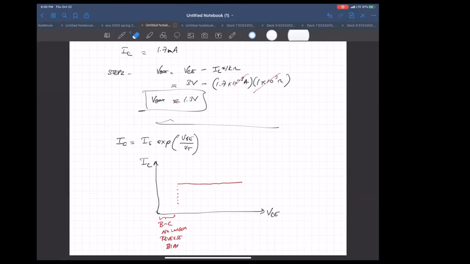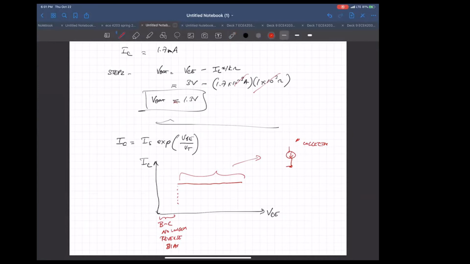But until that point, in this whole section of VCE versus I sub c, basically as far as the collector output is concerned, this is like a current source, which we've been saying all along. The definition of a current source is something that doesn't depend on its output voltage. It's just always pumping out the same current.